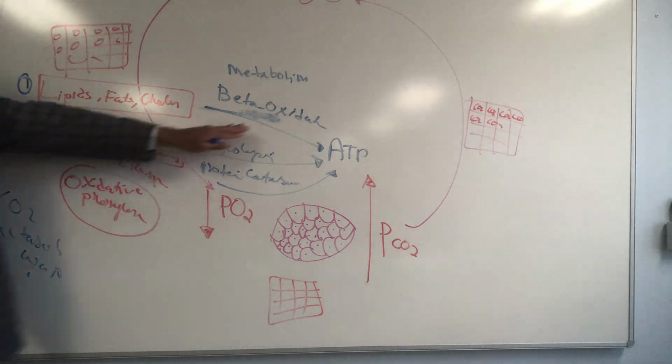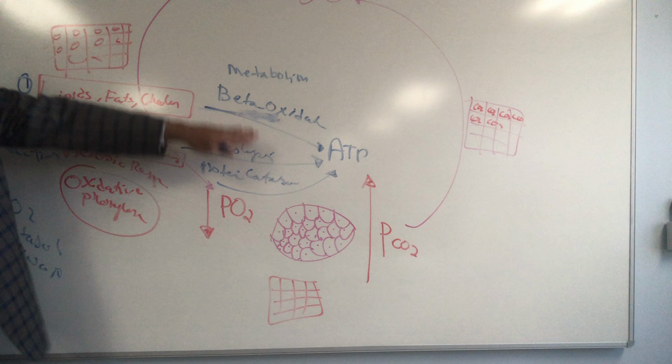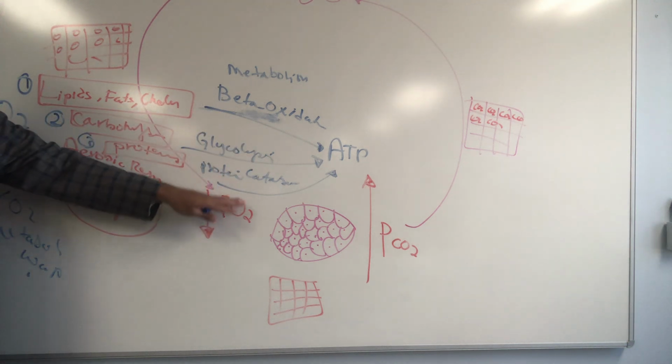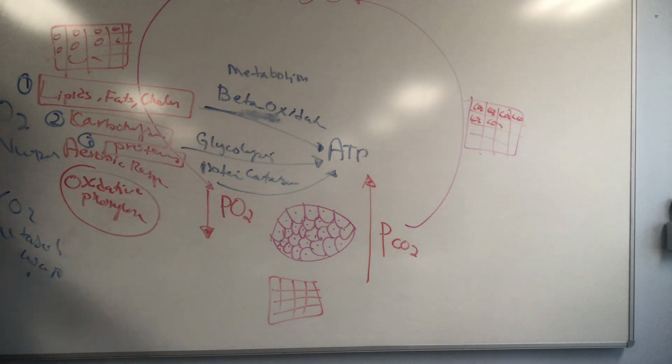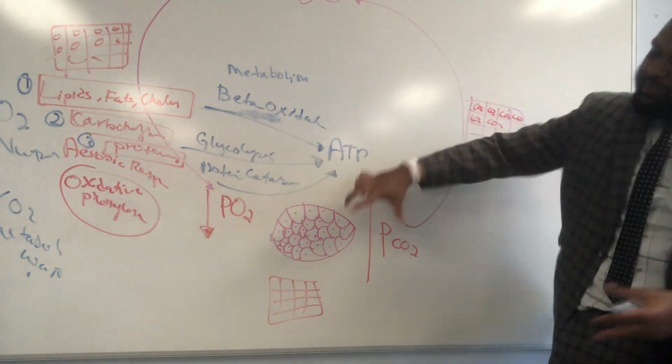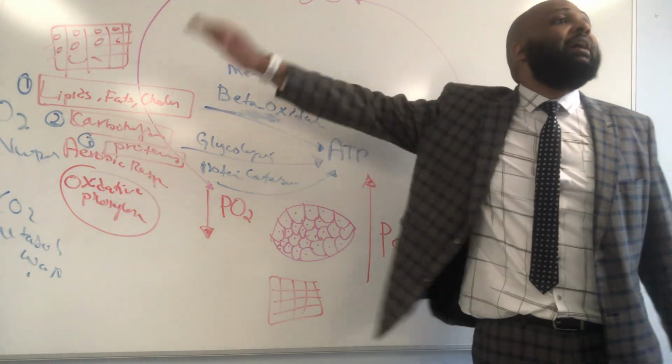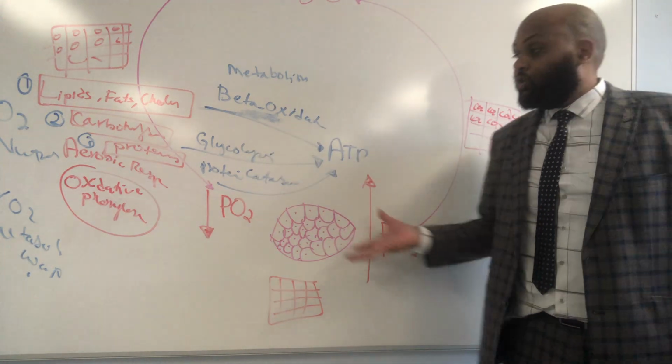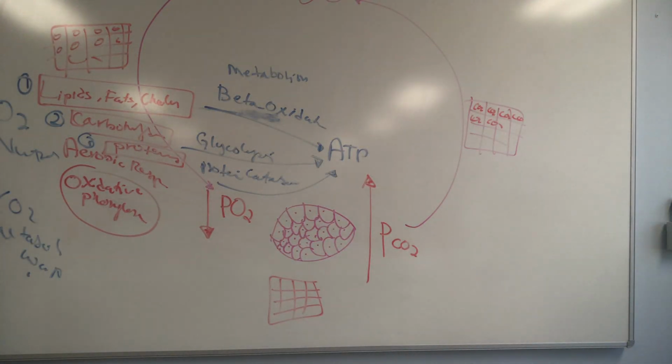All of these metabolic processes, beta oxidation, glycolysis, protein catabolism, they all have byproducts. They make garbage, and that garbage starts accumulating in the tissue. Then the blood comes in to remove all of that. So the blood gives 2 plus, oxygen and nutrients, and removes carbon dioxide and metabolic waste.